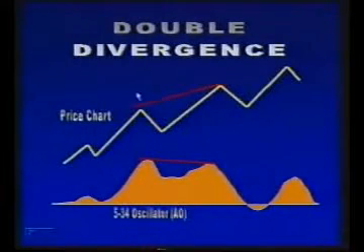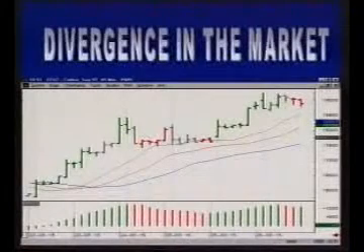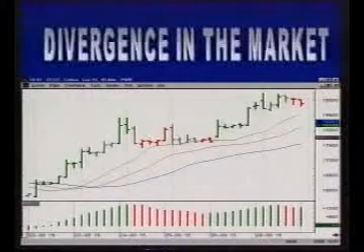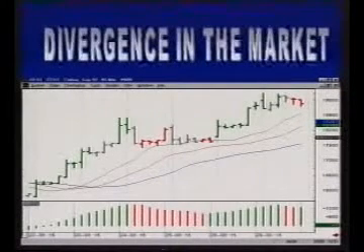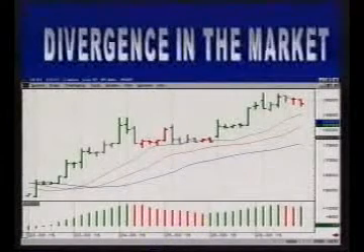Now if the price continues on up in this region higher and the divergence still comes down, which means that the momentum at this point is less than it was at the middle point and less than it was at the beginning point, that we call a double divergence. Now it takes a price, a higher price, and a second higher price with a high momentum, a lower momentum, and a second lower momentum to create a double divergence. Let's look at that in the market. And by the way, almost all trends will end in a double divergence. Every now and then you'll see a triple divergence, and very rarely will you see a quadruple divergence.